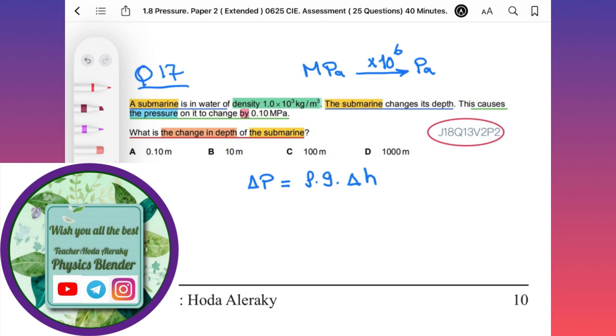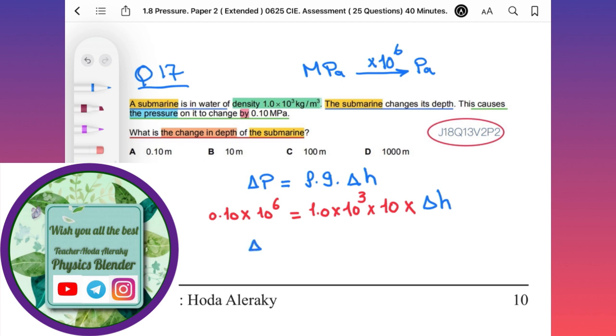Substitute 0.10 times 10 to the power of 6 is equal to, density is given, check you have consistent units, 10 to the power of 3 times g times delta h, which is unknown.